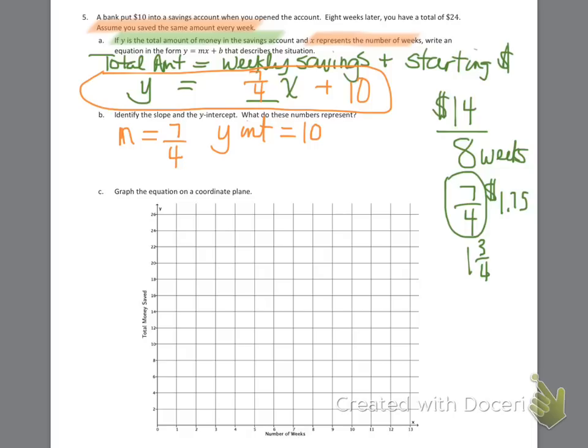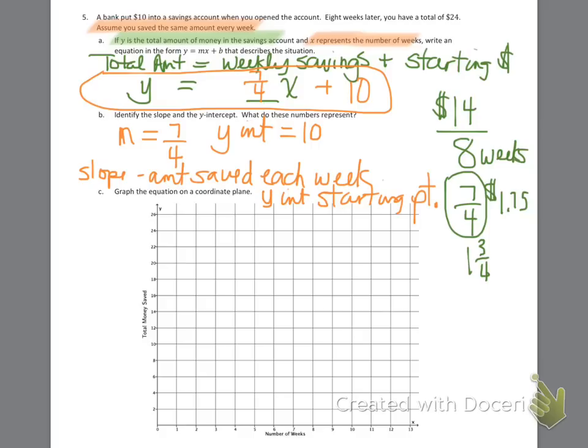So I'm asked, what do these numbers represent? Well, slope is the amount saved each week, which becomes my rate of change of my balance in my savings account. And the y-intercept is what I started with. Y-intercept is my starting point.